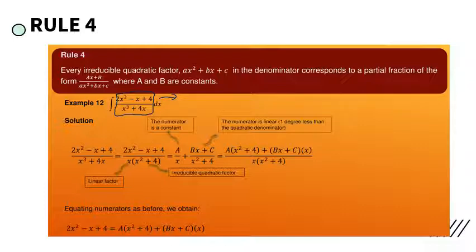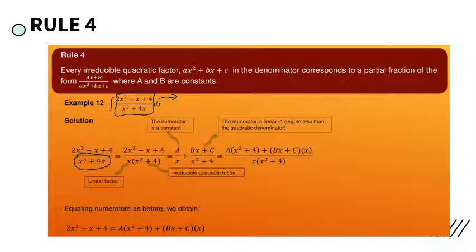It is complicated, so we have to do a partial fraction to integrate this function. First we look at the denominator part. We can factorize out x, so we get x times x squared plus 4.